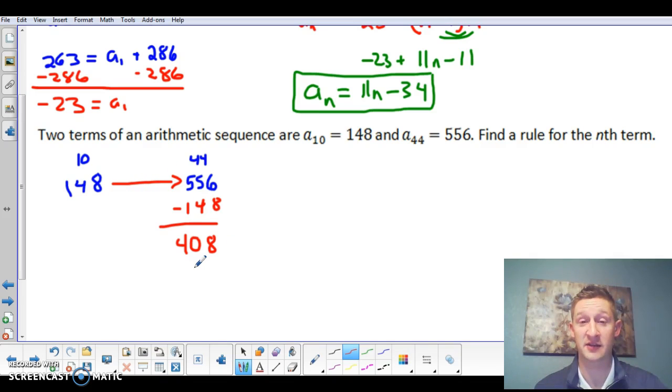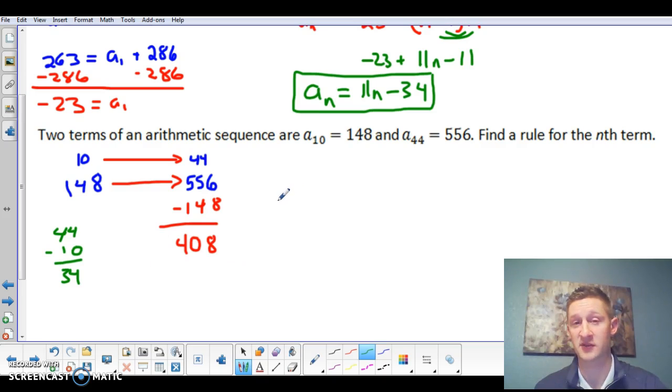Now I added the same thing over and over again. Well, how many terms have gone by? In that case, find the difference between these two. What is 44 minus 10? How many terms have gone by? Well, it's obviously going to be 34. So that means that if I took 34 steps, so in 34 terms, I increased 408 total.